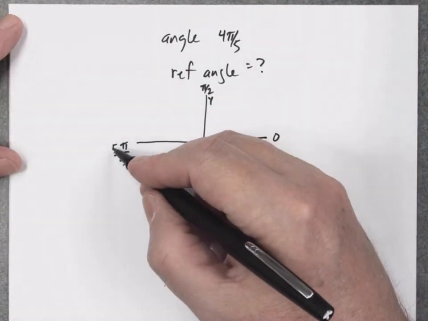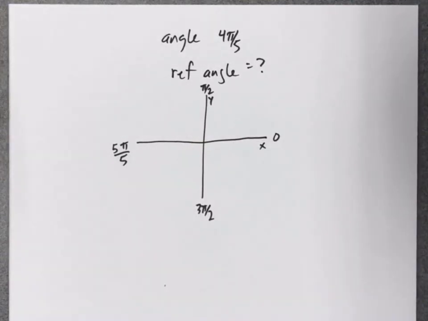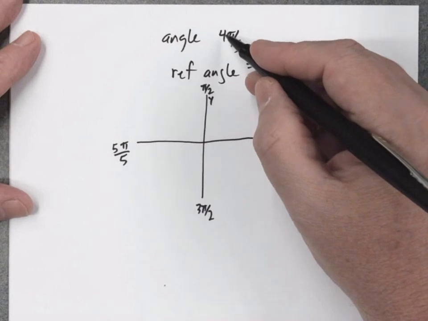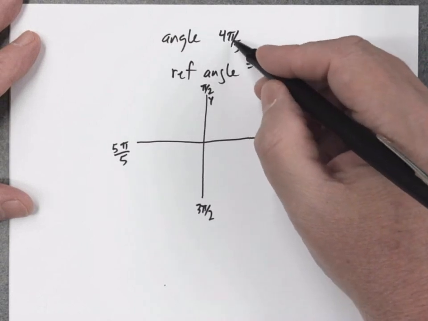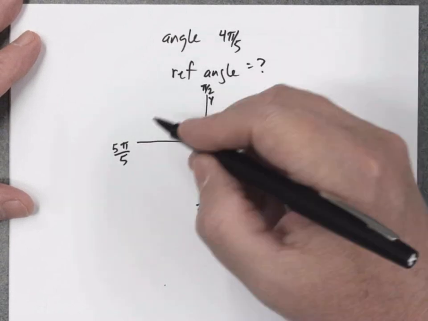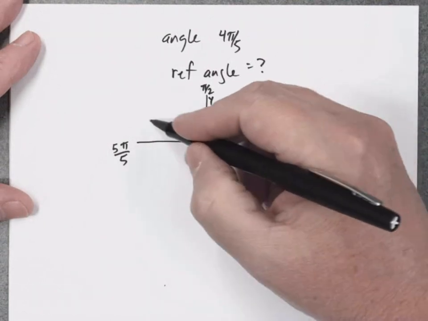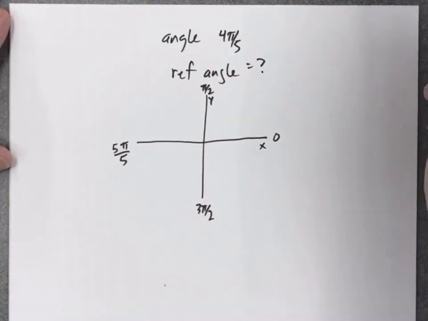All I've done is now made this into a fraction. So hopefully you can see now, 4 pi over 5, if you think of a fraction, 4/5 is almost 5/5. So my guess is it's going to be over here someplace. And that is in fact the case.